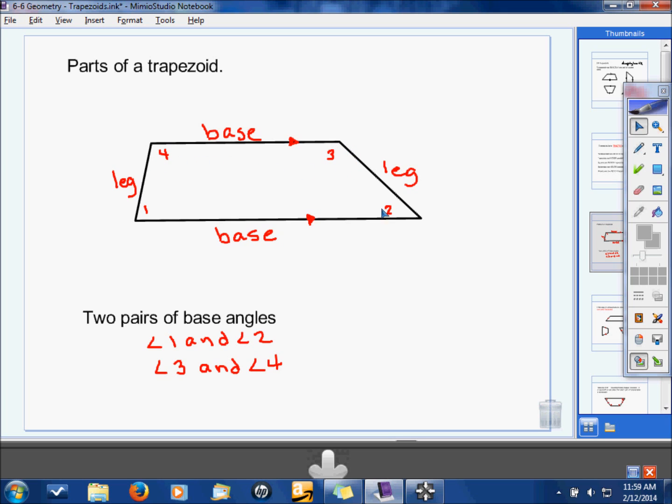You wouldn't say 2 and 3 are a pair of base angles, because they're two different bases. They have to be the vertices that are the endpoints of the same base. So 1 and 2 are a pair of base angles, and so are 3 and 4. Okay? So that's an important thing for you to know.